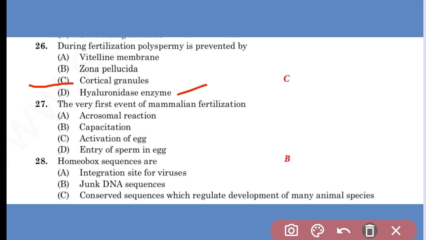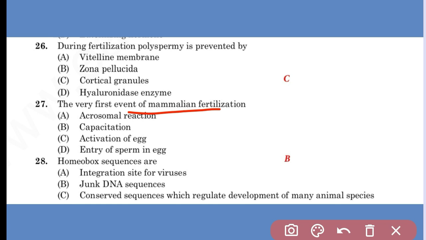The next question: the very first event of mammalian fertilization. In fertilization, a sperm nucleus fuses with an egg cell nucleus and forms a zygote. A number of events occur in fertilization. First, sperm capacitation.